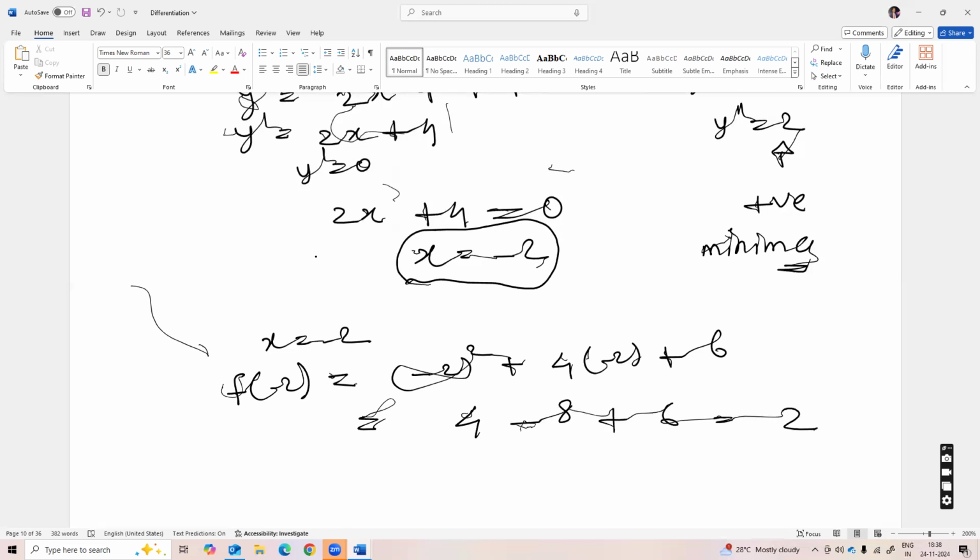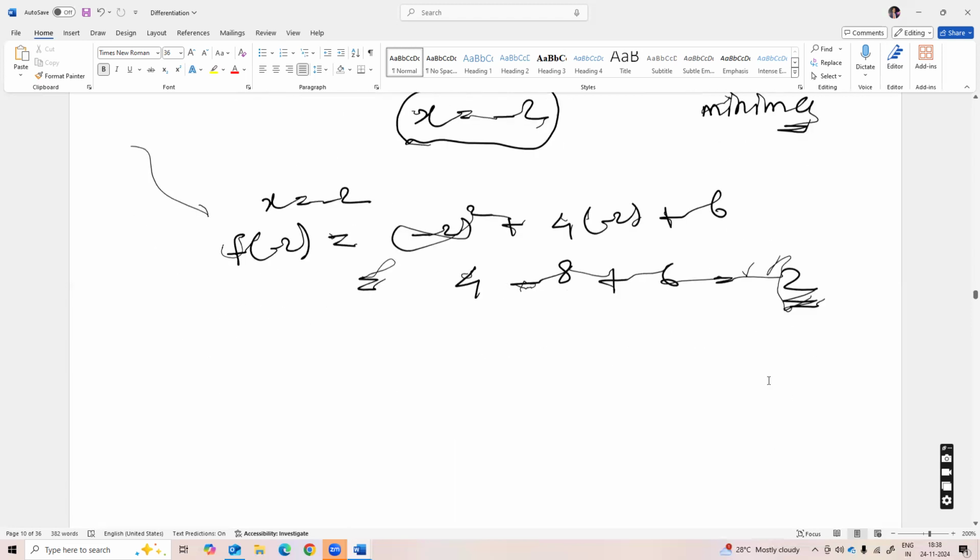So it is equal to 2. So 2 is that minimum value. The minima is at x equal to -2, and the value of the minima is 2.